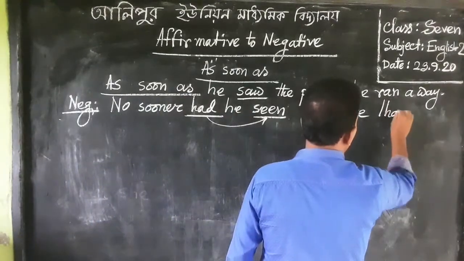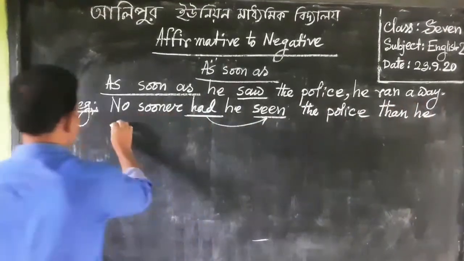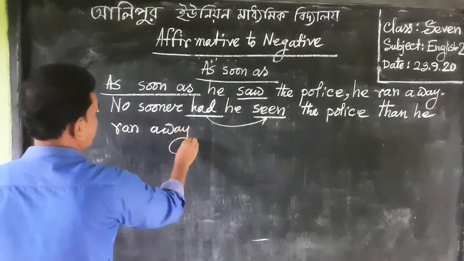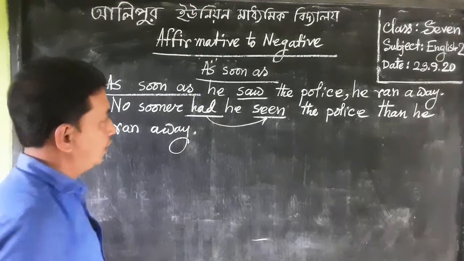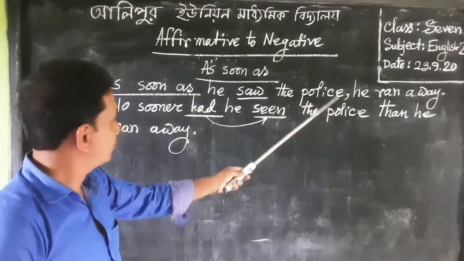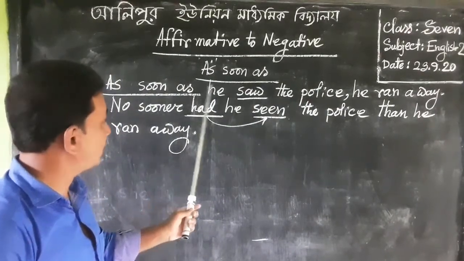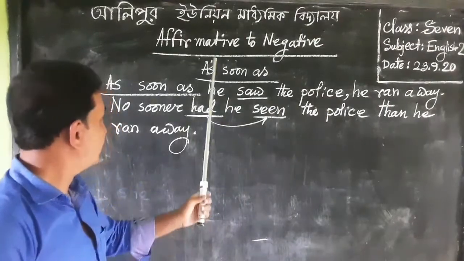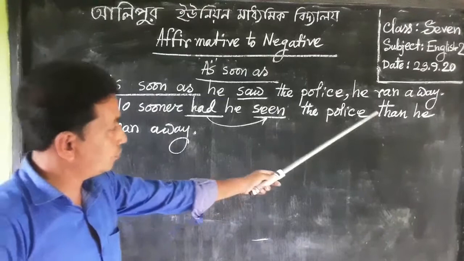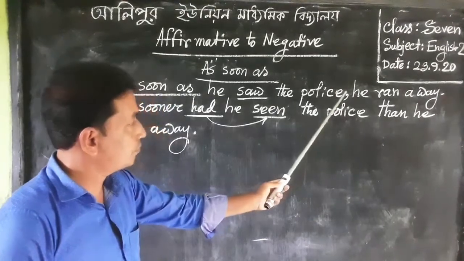than he ran away. And you should keep in mind that at the end of the first clause, as soon as he saw the police and its negative, no sooner had he seen the police, we have written than instead of comma.